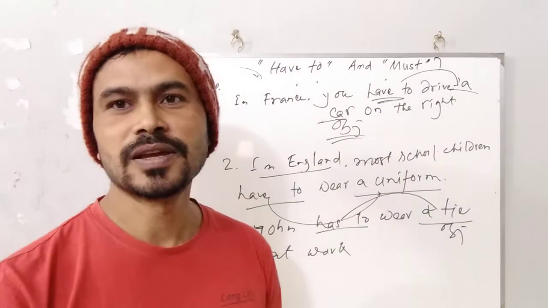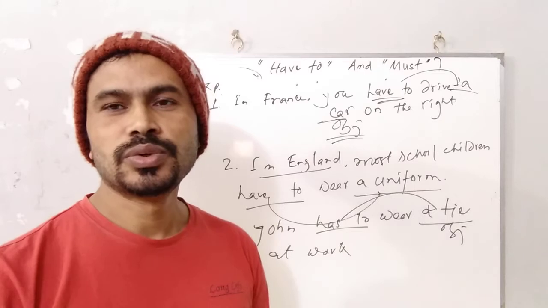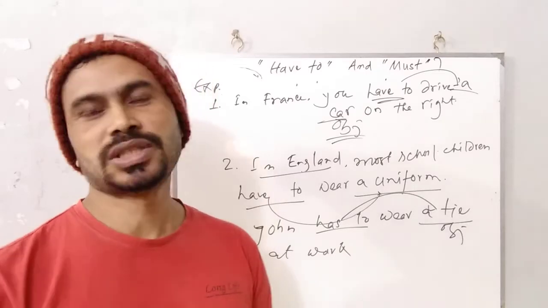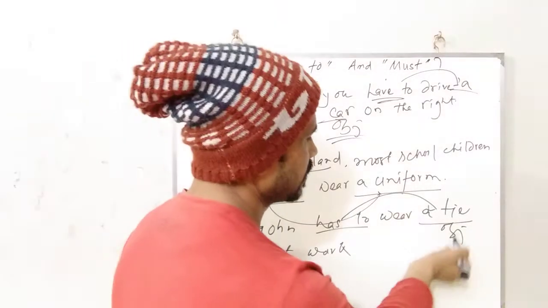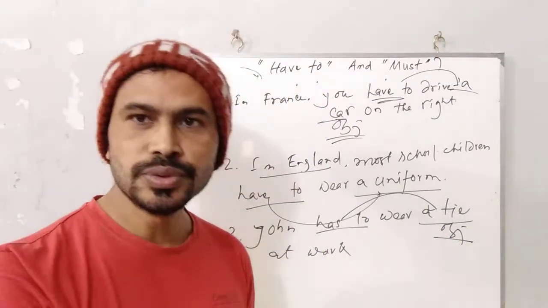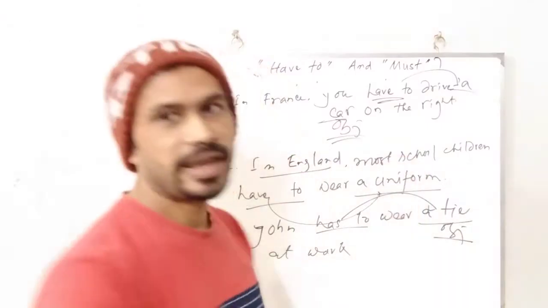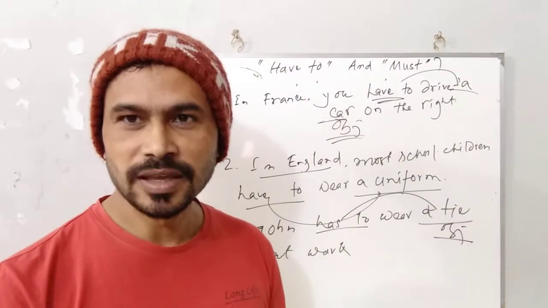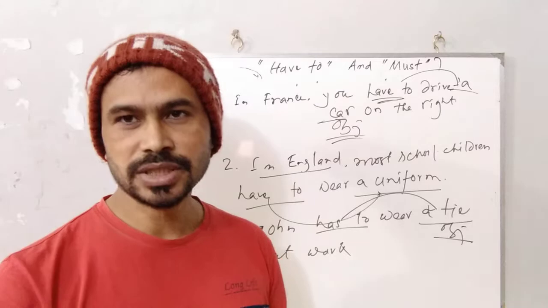A tie is an object. John has to wear what? That means a tie. A tie is an object and has to emphasizes the word tie.